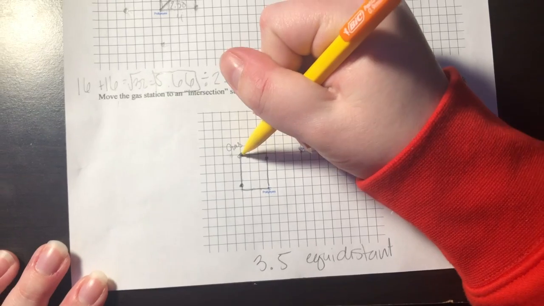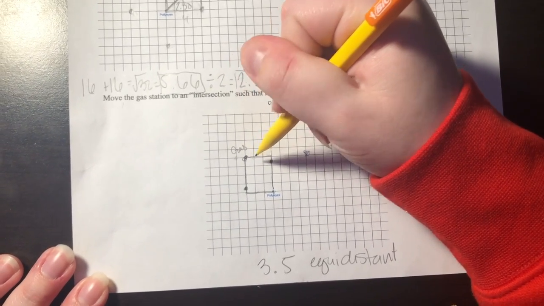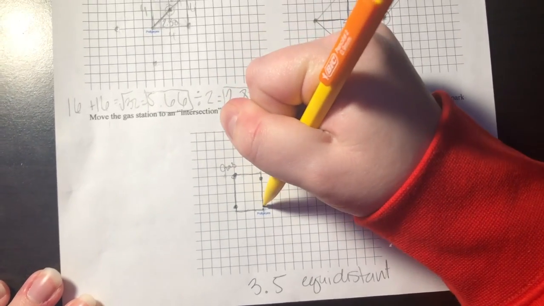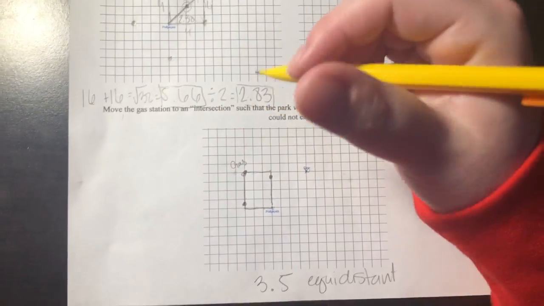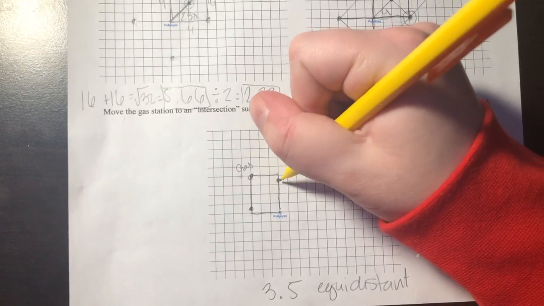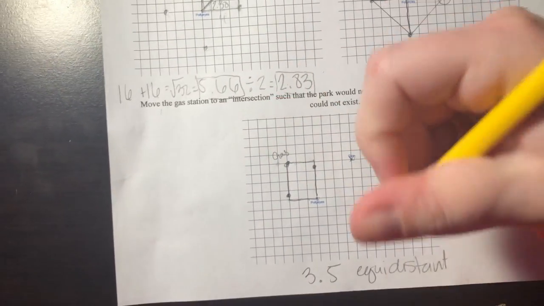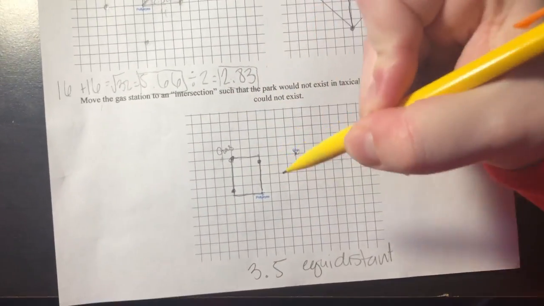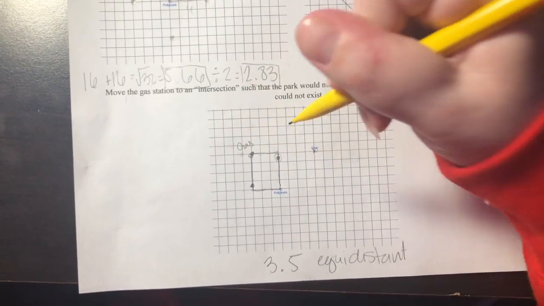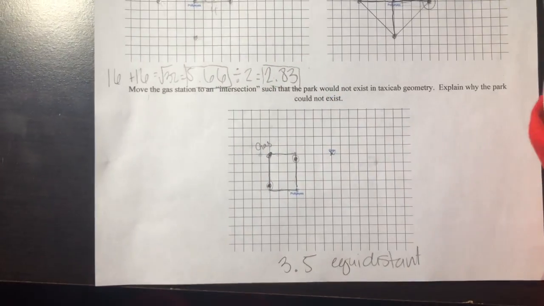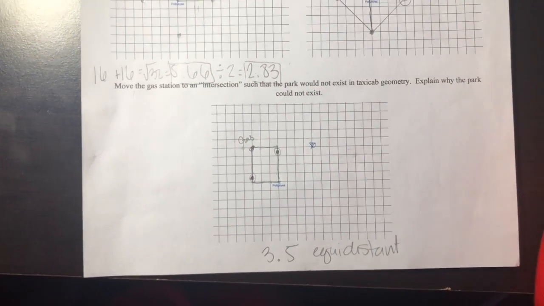So I moved the gas station here, and it makes the distance 1, 2, 3, 4, 5, 6, 7 on both sides from the gas station to Poly-Eyes, which means that on either side, the park would have to be located 3.5 squares away from both places, which means the park could not exist because it would be in the middle of a line and not at an intersection.